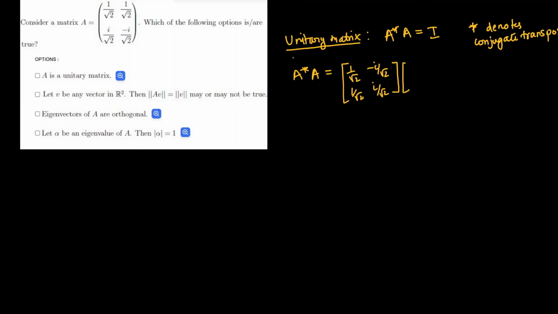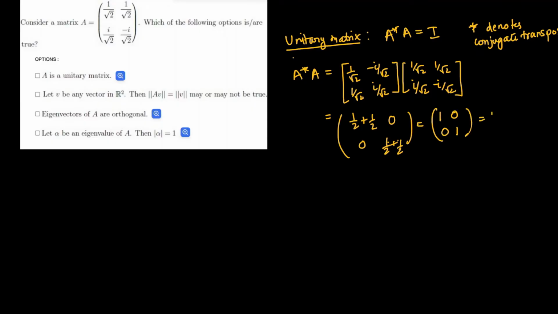This is multiplied by A, which is 1 by root 2, 1 by root 2, i by root 2, minus i by root 2. Now if you simply multiply the matrices, you'll get half plus half, and then 0, and then 0 again, and then half plus half. So this will give 1, 0, 0, 1, which is the identity matrix of order 2. So we can say that yes, A is indeed a unitary matrix.